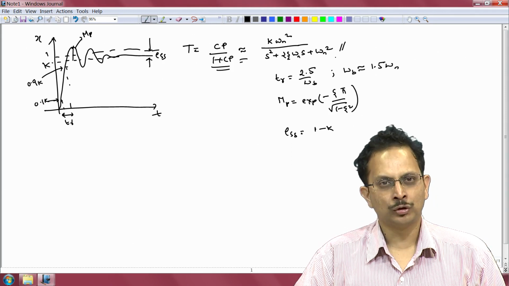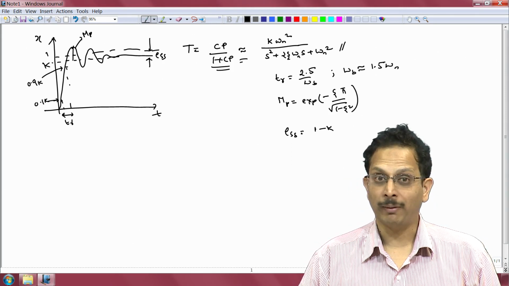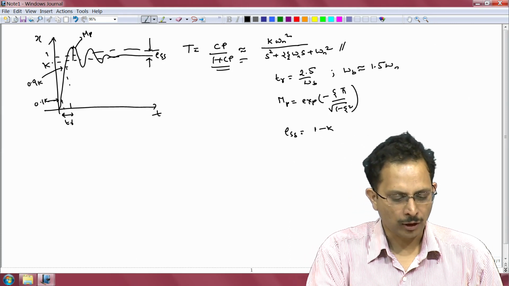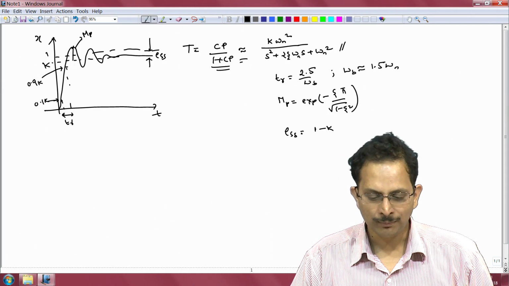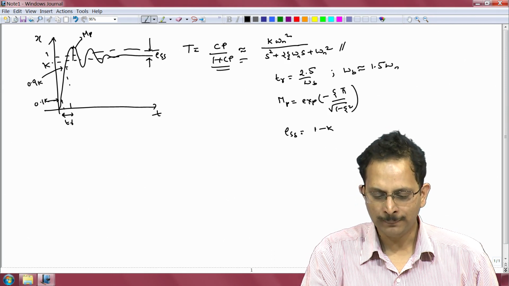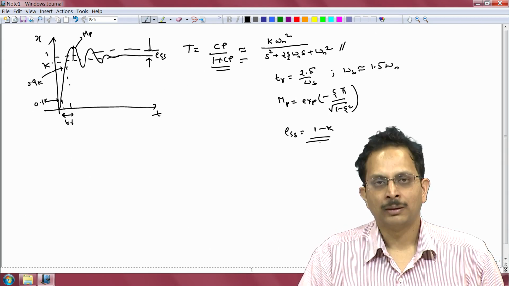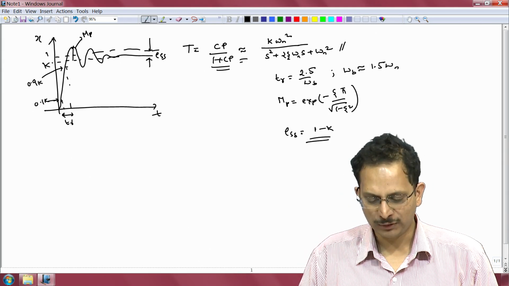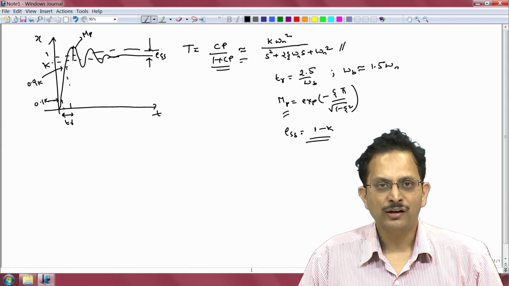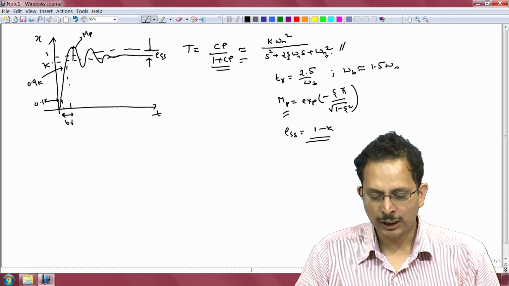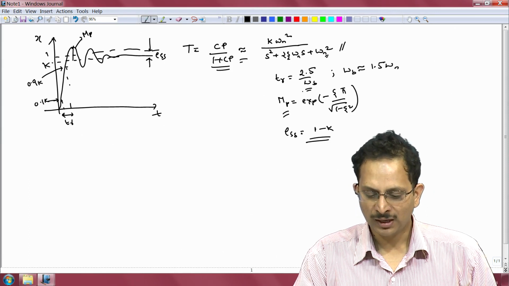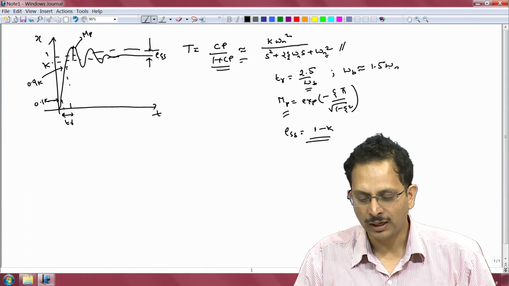Subsequently, now that we have assumed that our closed loop system would look somewhat like a second order system, though it might definitely not be a second order system in practice, we could then use standard relationships for the rise time, the peak overshoot and the steady state error for a second order system, and translate the corresponding time domain specifications to the parameters of our closed loop system, namely the constant k, which is obtained from the specification of a steady state error ESS, the damping zeta, which can be obtained from the peak overshoot using this equation, and finally the constant omega n, which can be obtained from the rise time specification, and this rise time specification relates the rise time to the bandwidth of the closed loop system, and the bandwidth is related to the natural frequency omega n according to this particular equation.